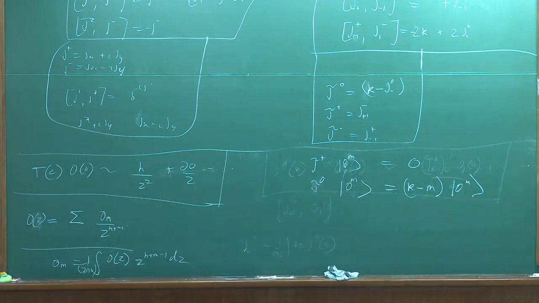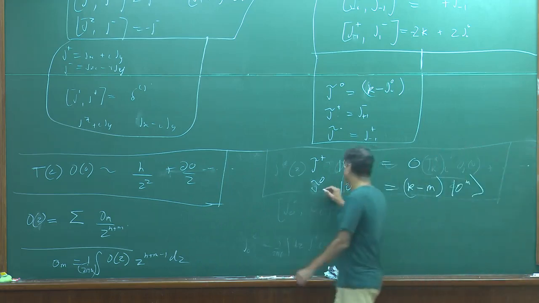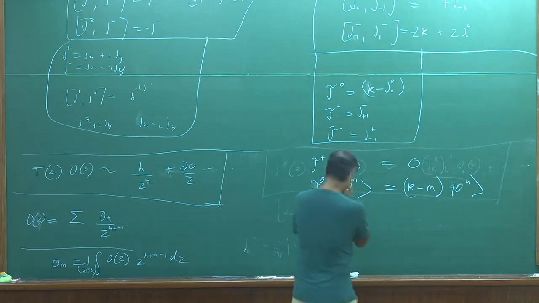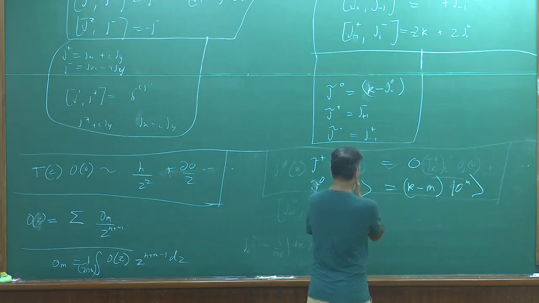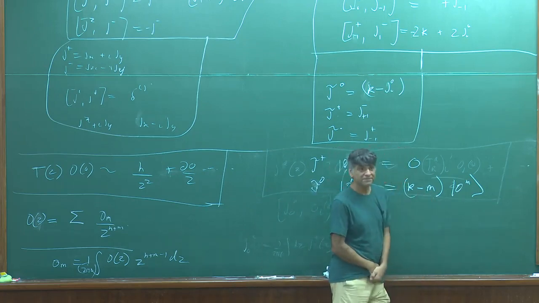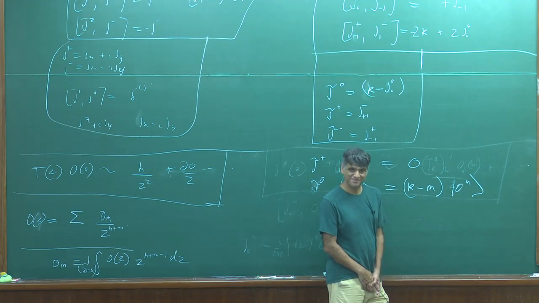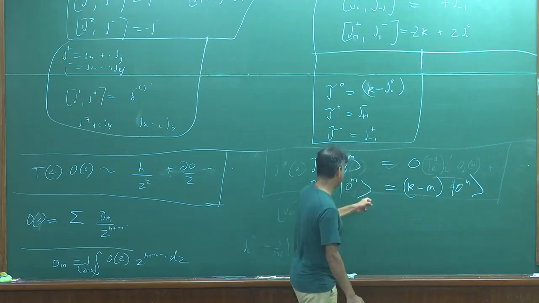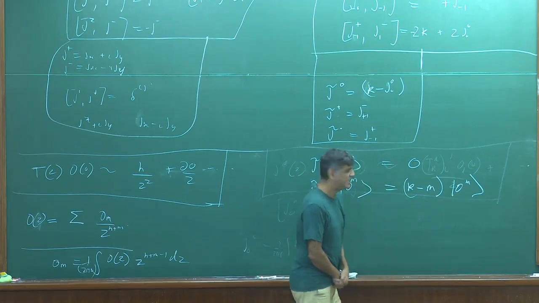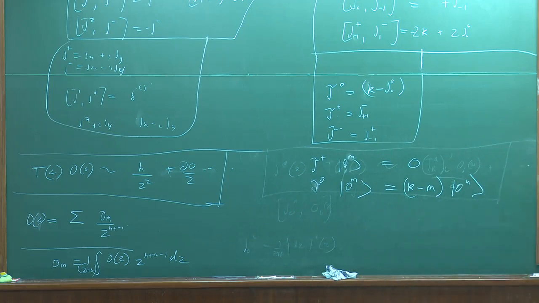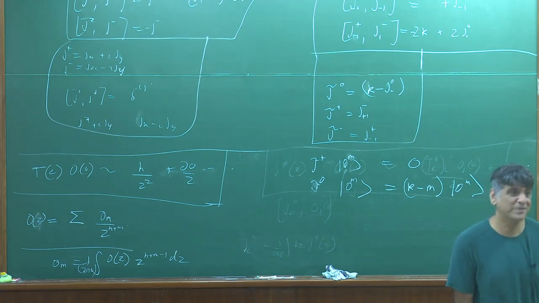Okay? Now let's see this. Suppose this m here was greater than k. Then what we would have is a highest weight state under SU2 tilde whose J_z value was negative, which is impossible.